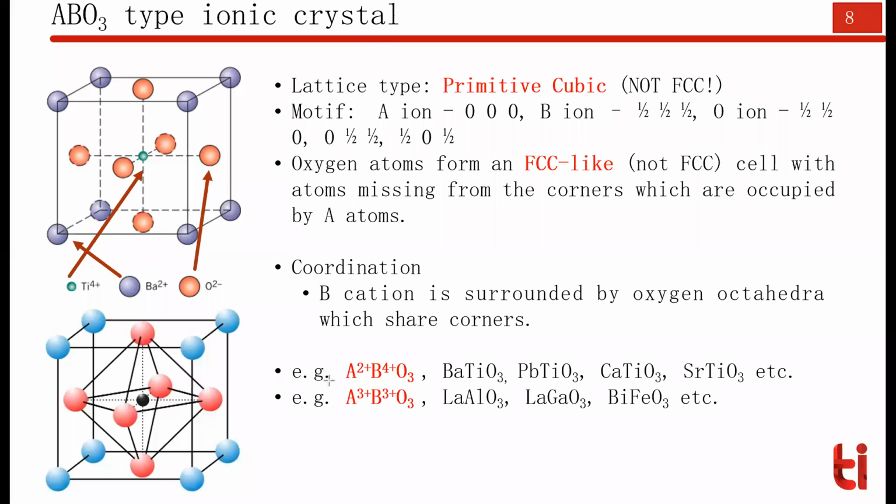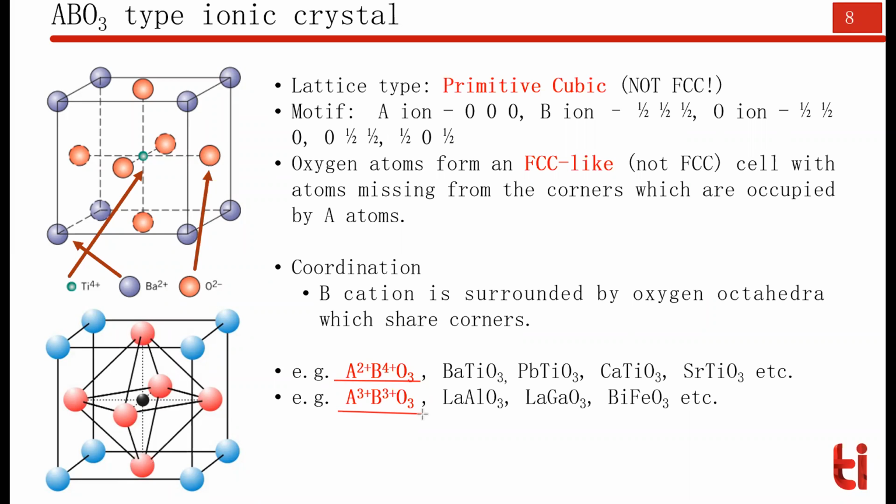The first variant is the one where an A2+, B4+, O3 kind of configuration is formed. And in the second case, an A3+, B3+, O3 type of configuration is formed. Both are perovskite structures, and many important solids, mostly the titanium based oxides, form under this form of the lattice.